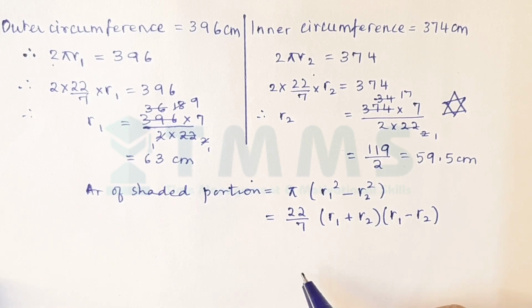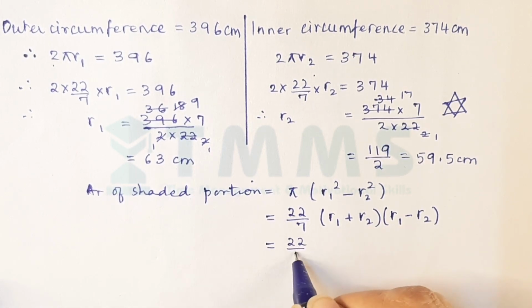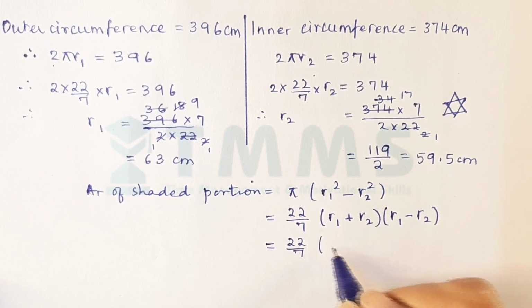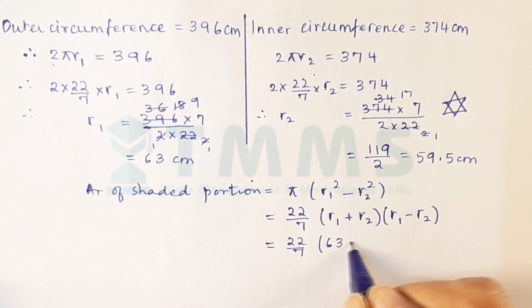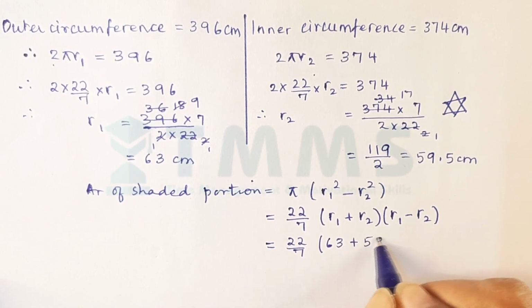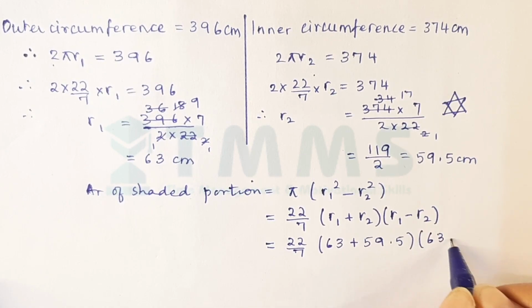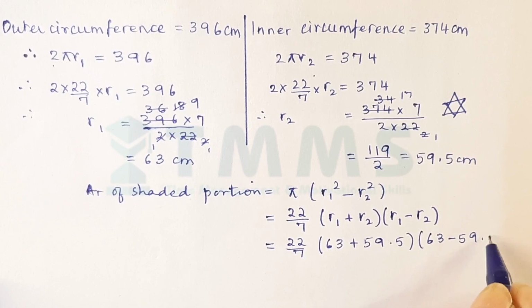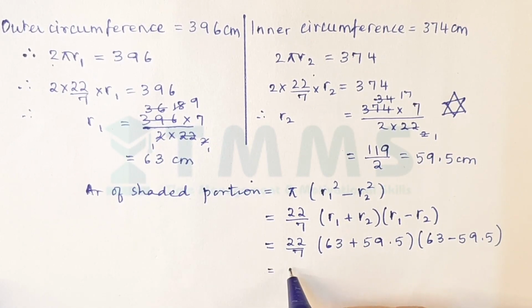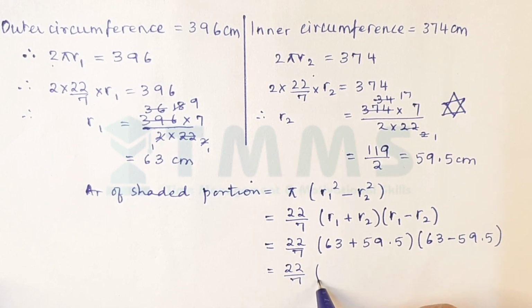Are we understanding? I told you, you will love to understand and do this work. If it is explained nicely, anybody can understand and do the work correctly. So we are substituting like so. Got that? And that is going to be equal to 22 upon 7.